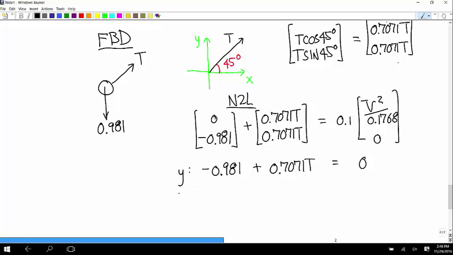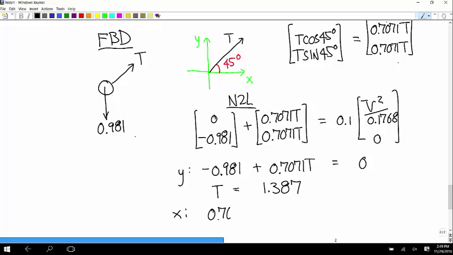Okay, so T then is equal to 0.981 divided by 0.7071. Can someone divide that? It's like 1.3 something. 387? 1.387 newtons.